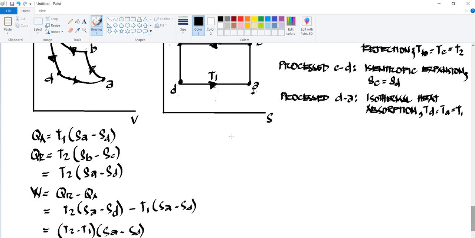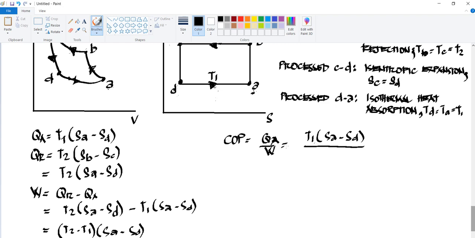Now for the COP, that will be your Q absorbed divided by your work. We can substitute the value of your Q absorbed, that will be T1 times the entropy at point A minus the entropy at point D, then divided by your work.